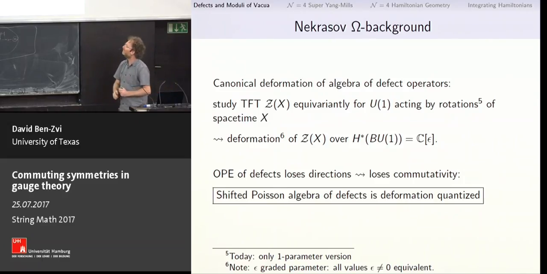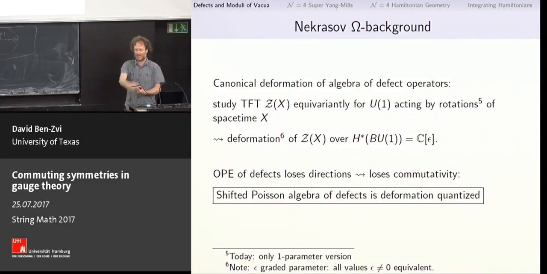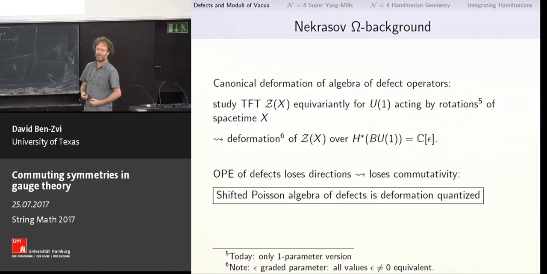I'm going to have a circle that's acting on space-time x, and from the axioms of a topological field theory, you get that everything you measure in this field theory carries an action of this circle of rotation, and so you can take invariance, which at the level of vector spaces means pass to equivariant cohomology. So we're going to study all of these operations of the field theory U1 equivariantly, where the U1 is acting on space-time.